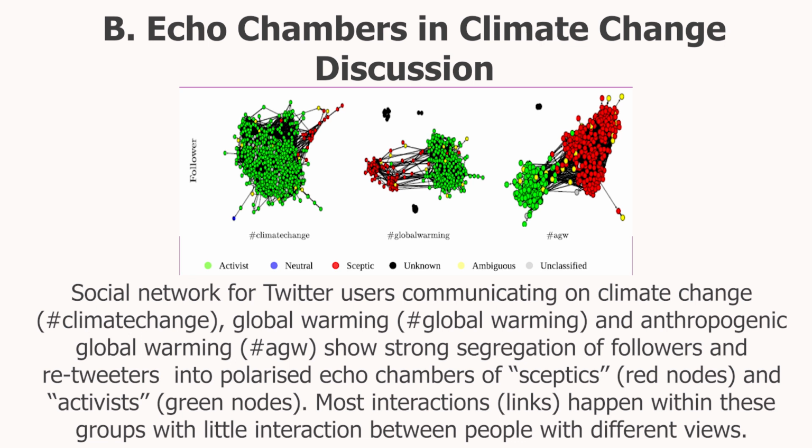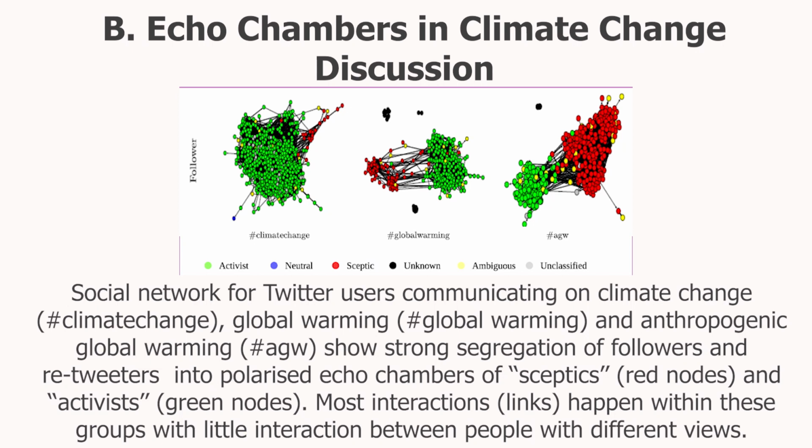Then suppose you talk about global warming. You do have some activists, but you also have some skeptics who use this hashtag, but you can again see, as followers of each other, how they are all linked. They are clearly bunched separately. The activists follow each other and the skeptics also follow each other, although there are a few who cross over.